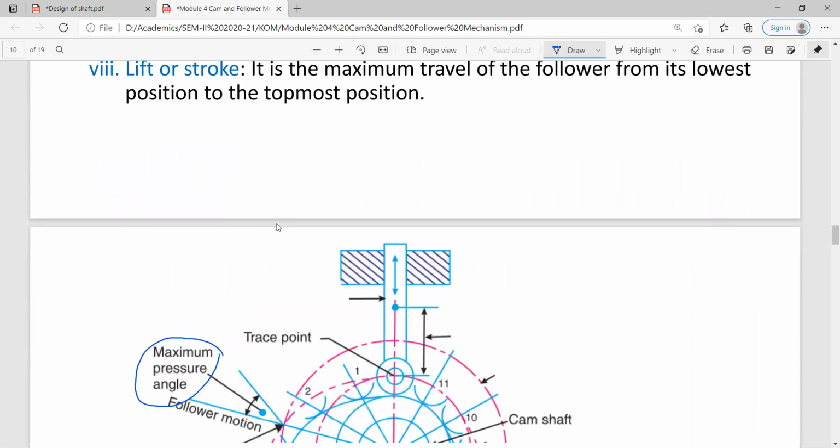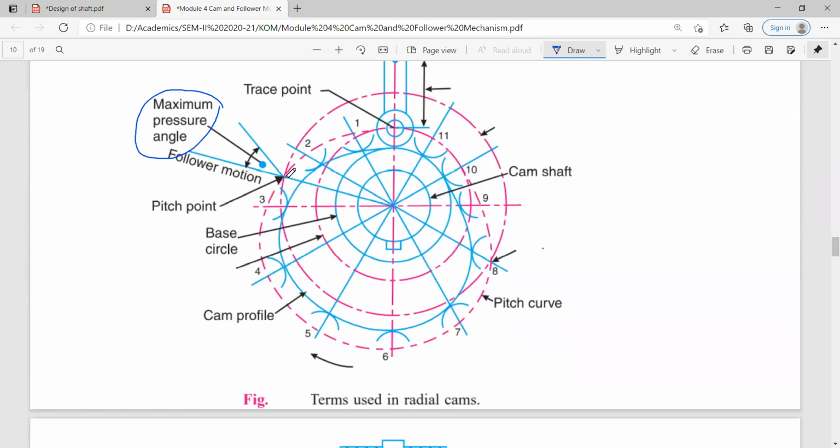So how will you draw it? Here is your pitch point. Now you have to take the center of the cam. Here is the center of the cam. So you join the pitch point with the center of the cam and draw a circle. That circle will be known as your pitch circle.